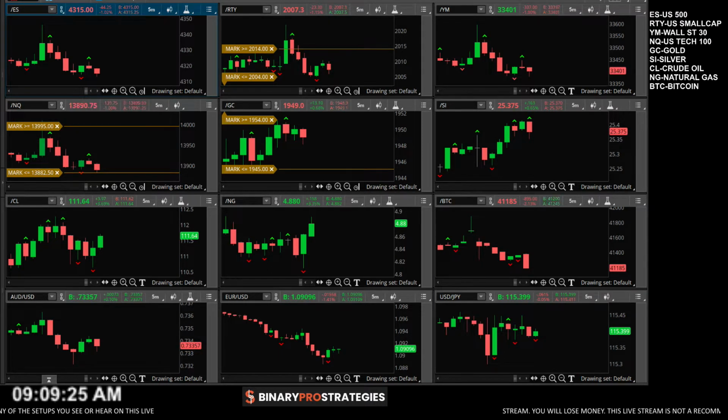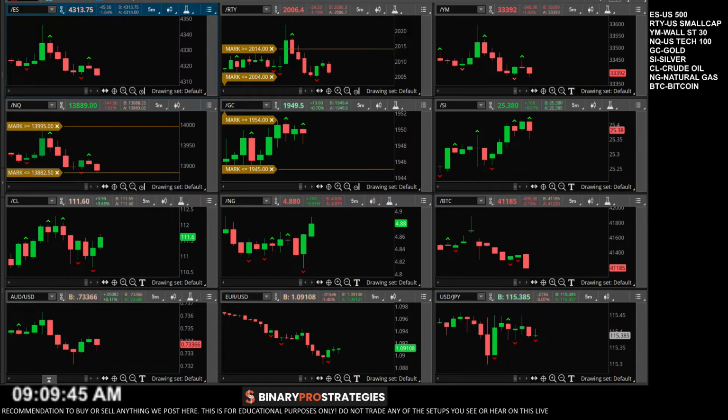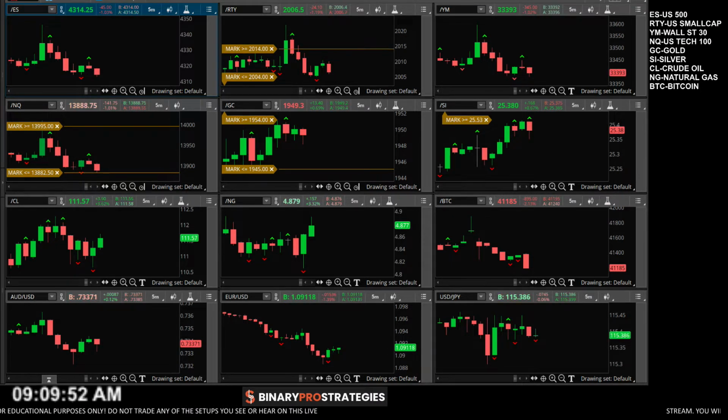And on the silver, we're looking for a target of 2553. And if we don't hit target, we will reverse at 2516.